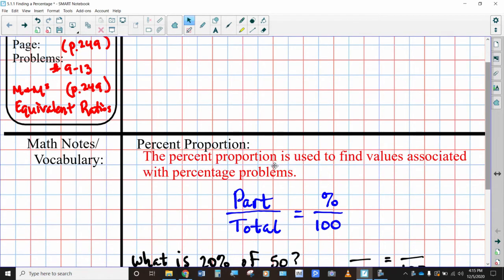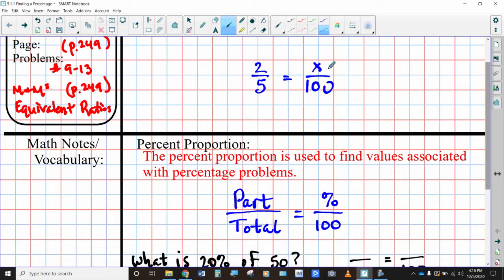Basically, the percent proportion is a proportion used in percentage problems. When we are solving percent problems, maybe you've already noticed that they are proportional in nature. In fact, way back at the beginning of the school year, when you converted a fraction to a percent, we literally set the problem up as a percent proportion.